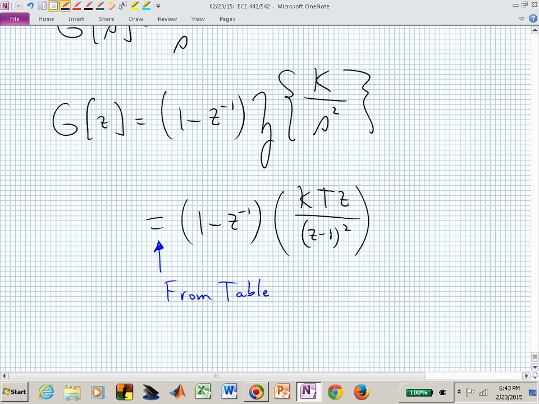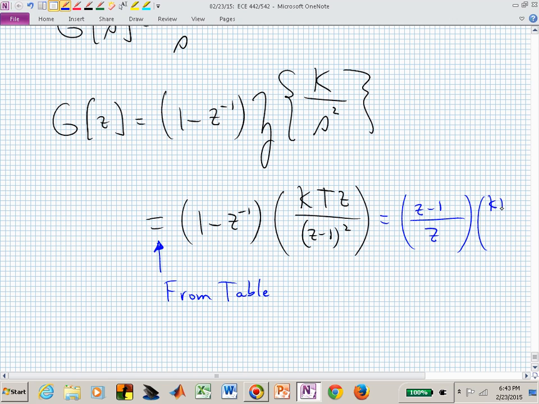Where did that table entry come from? How did we go from 1 over s squared to Tz over z minus 1 squared? Where did that come from? We'll do that next time, but now let's finish this one up. We now have 1 minus z to the -1 is z minus 1 over z.